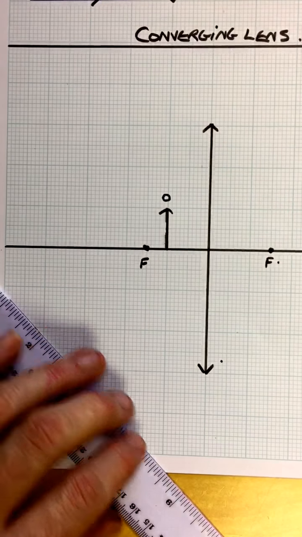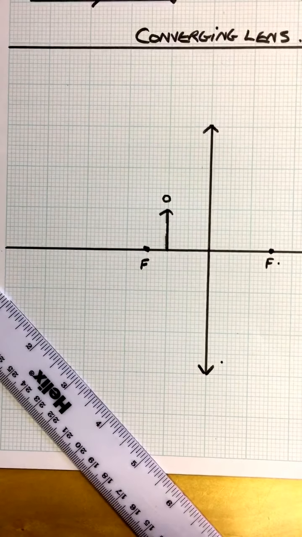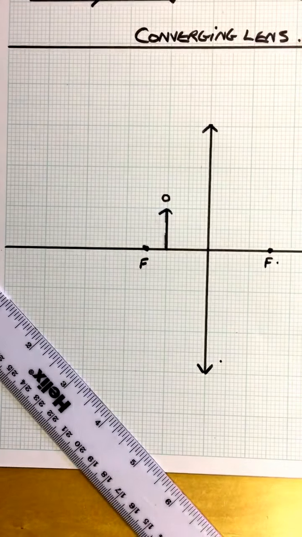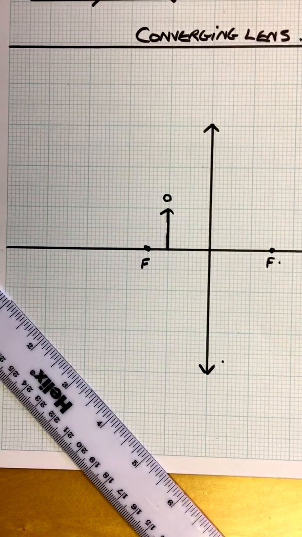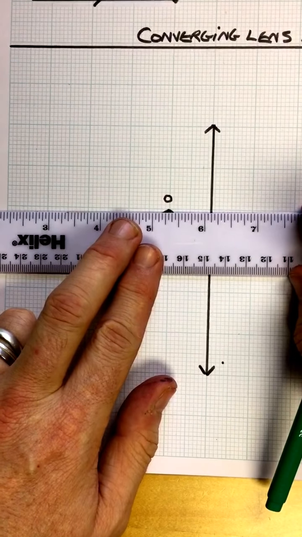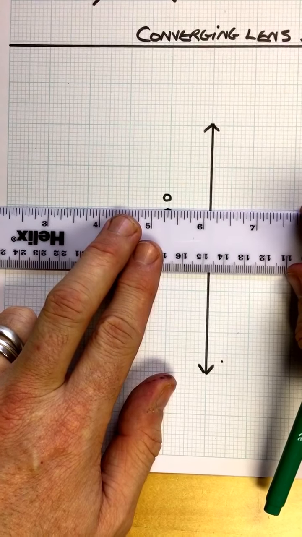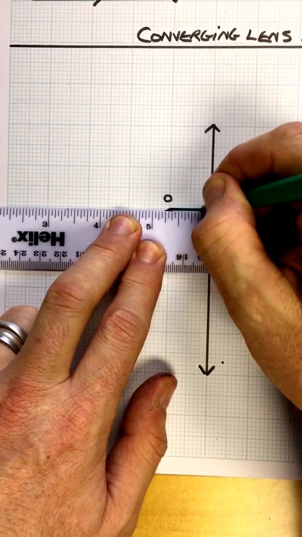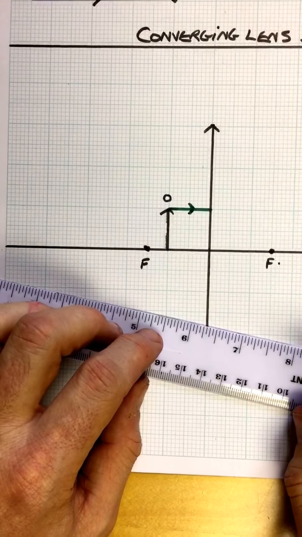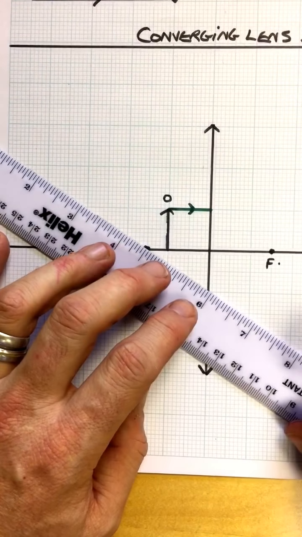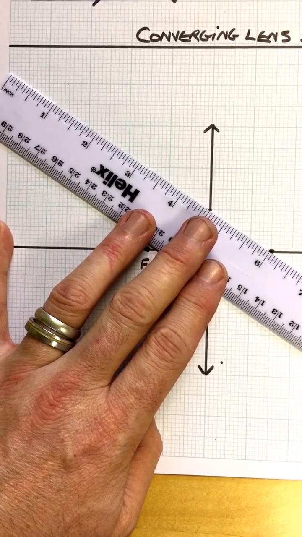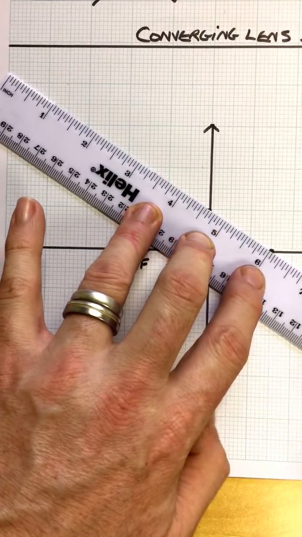So the first thing that you want to do, if I select a different color just to show the rays, we get a ray going from the top of the object to where it meets the convex lens. You can always show the arrow. We will also then get a ray that travels from the top of the lens where it goes through the focal point.